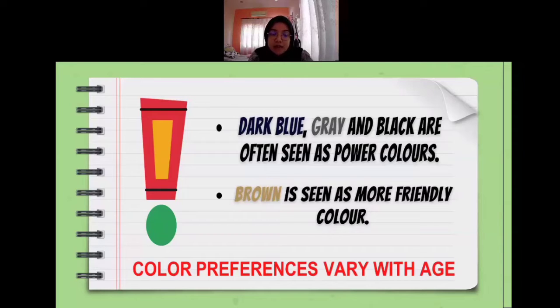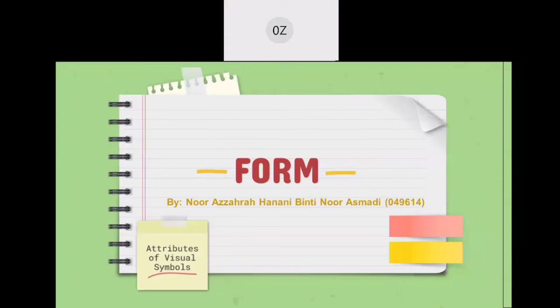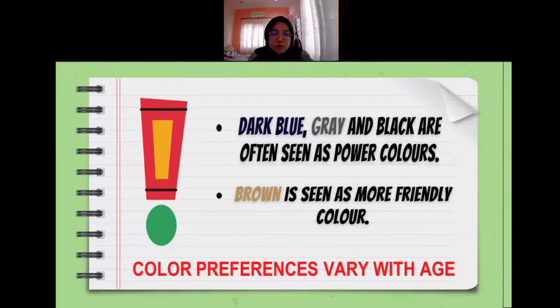Usually they use these colors to convey that they are the authority, and brown is seen as a friendlier color. Color preferences also vary with age. Youth may prefer warm and bright colors, while adults may prefer cool tone colors. And persuaders use these attributes to convince their viewers.